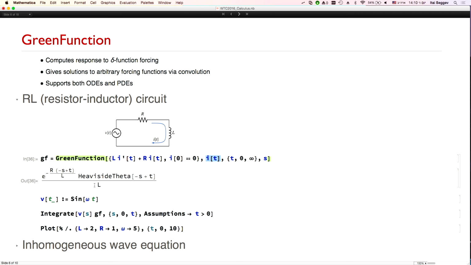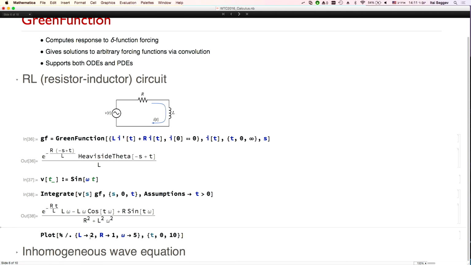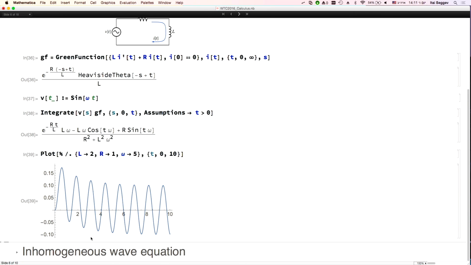Now, for some different forcing function, say sine omega t, I can just integrate the product of the Green's function with the forcing function, and I get a solution out, and it goes towards some sinusoidal steady state after some initial motion.